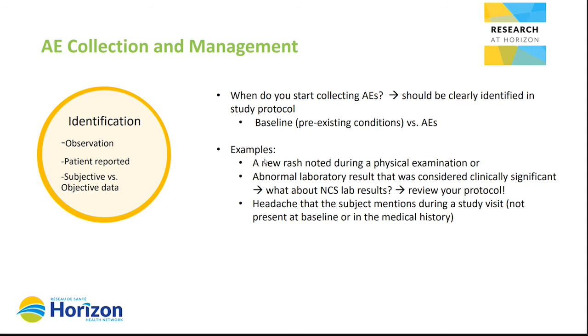It is the responsibility of the research team to investigate, identify, and classify adverse events. More specifically, it is the responsibility of the qualified investigator, the principal investigator, to provide an initial assessment of whether the event was possibly or probably caused by the study intervention.